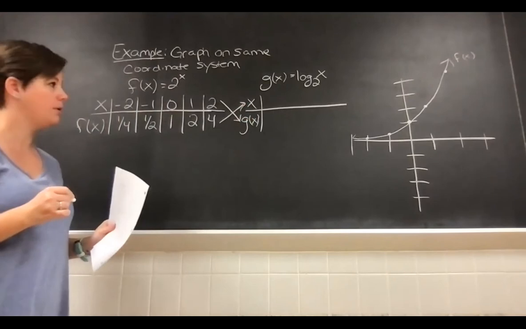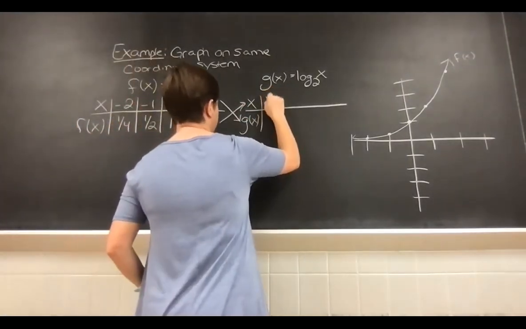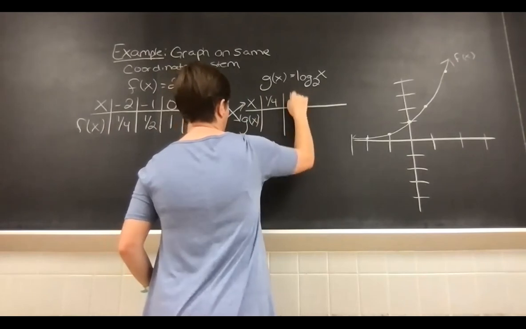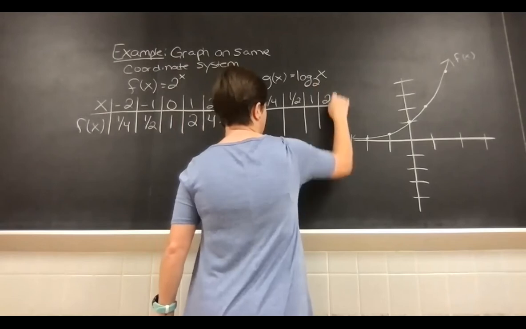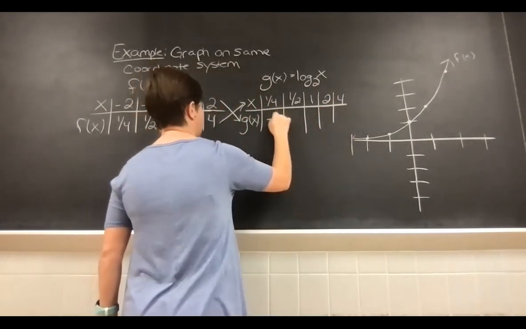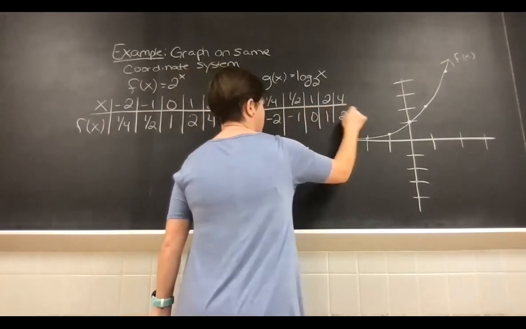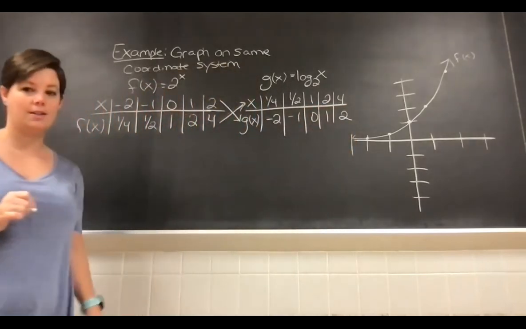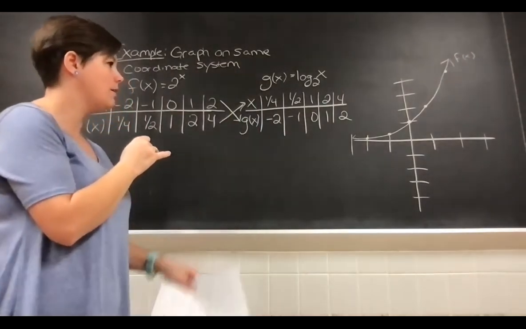So that means up here I would have 1/4, 1/2, 1, 2, and 4. And then down here I would have -2, -1, 0, 1, 2. I can simply flip-flop my top and my bottom and get my new ordered pairs.